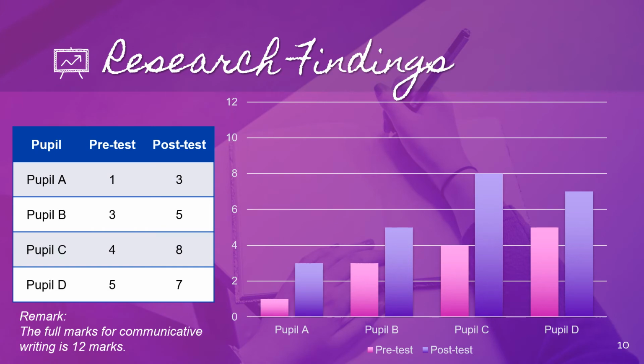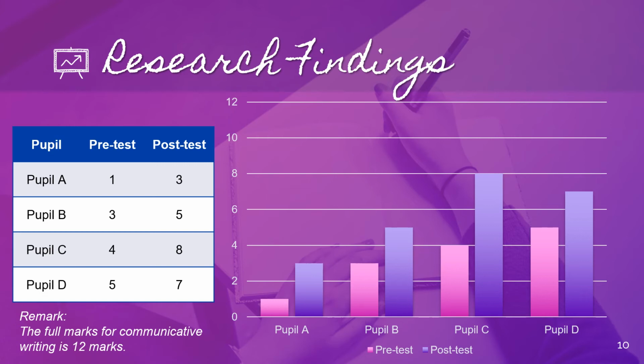So these are my research findings. In the pre-test, they scored 1 to 5 marks out of 12 marks. But for the post-test, they showed improvement of between at least 2 marks and at most 4 marks.